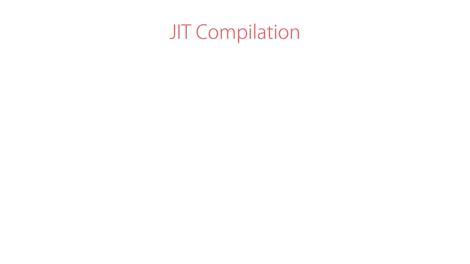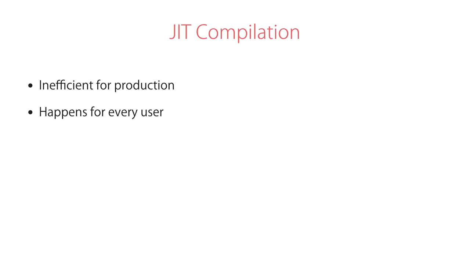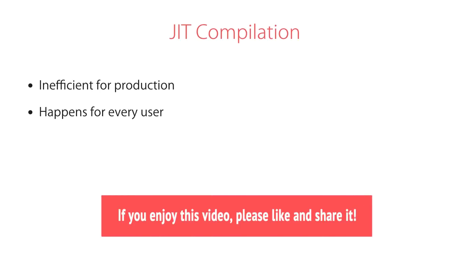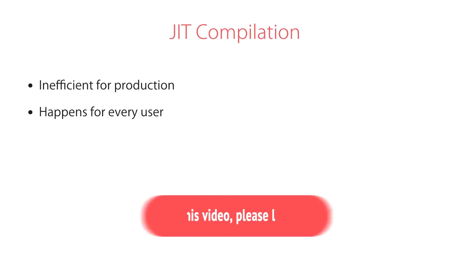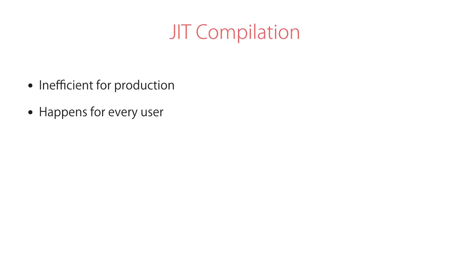Now, this just-in-time compilation is perfectly fine when we are developing an application on our local machine, but it's very inefficient for a production environment because this compilation step is going to happen for every user of our application. So every time a user lands on our application, Angular compiler is going to walk down the tree of our components and compile all these components and their templates.